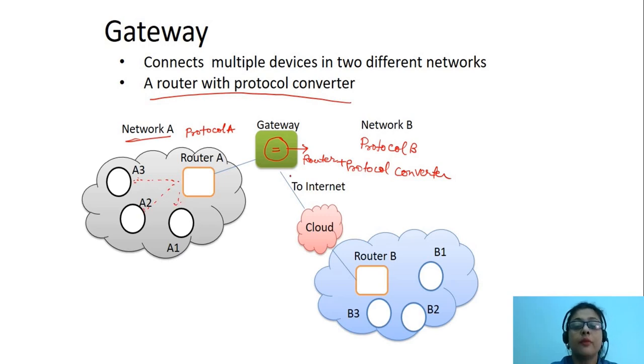Similarly, from the internet through the cloud, it gets connected to network B, and network B has a router B to which all the other devices like B1, B2, B3 are connected. So a gateway is a router with a protocol converter which is connected between two networks working with two different protocols.